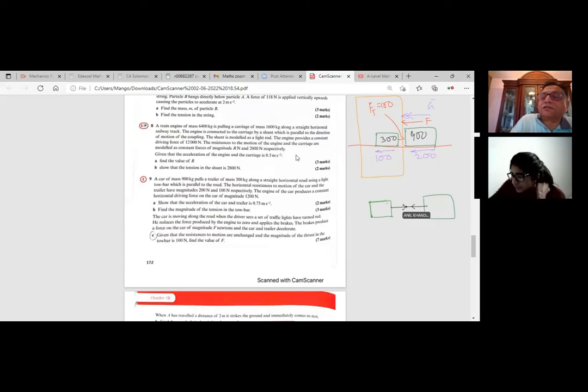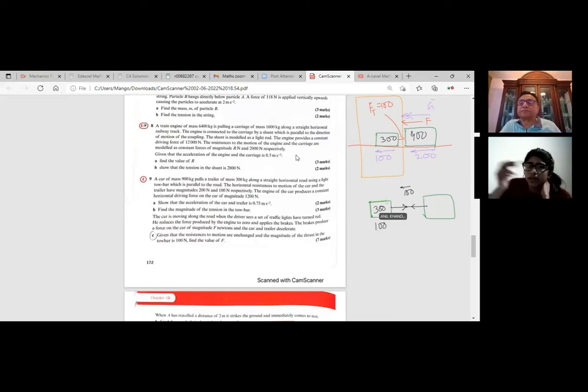So this tension is 100 now, acting in this direction. And this is also 100 acting here, right? On 300 kg. But it's working in the opposite direction, 100. Because the acceleration is now in this direction, right?